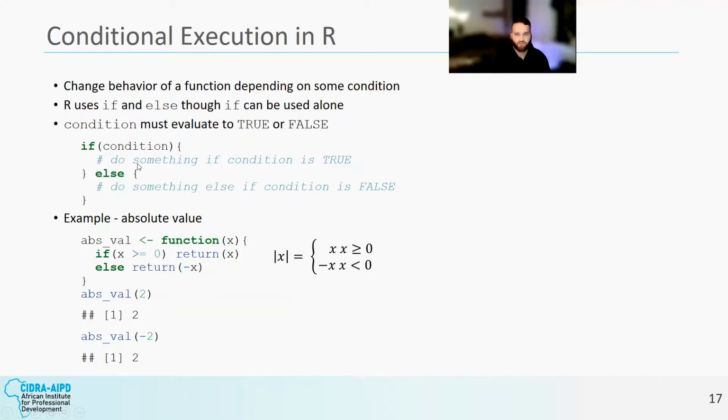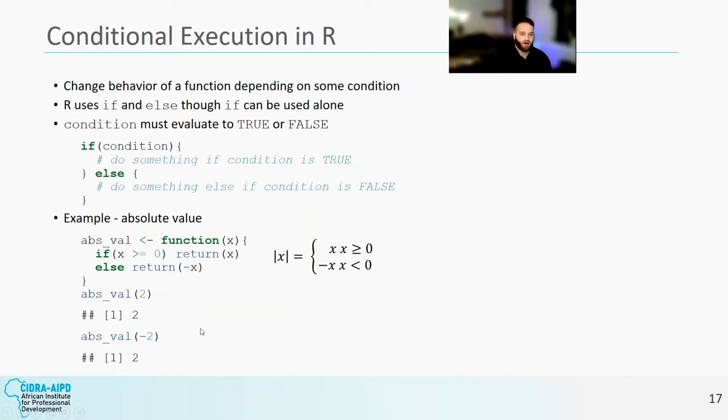So an easy example for this kind of conditional execution is an absolute value function. So you've seen this before in any of your math classes, where the absolute value returns the value x if x is greater than or equal to 0. And if x is less than 0, we return negative x. So that results in the output always being positive.